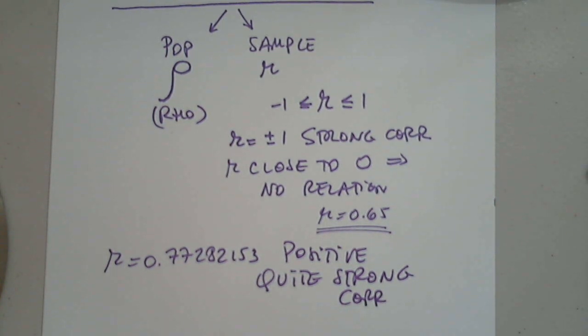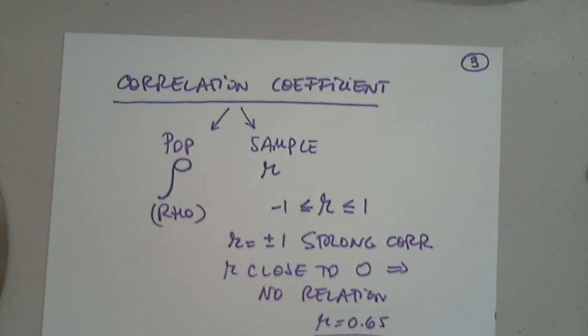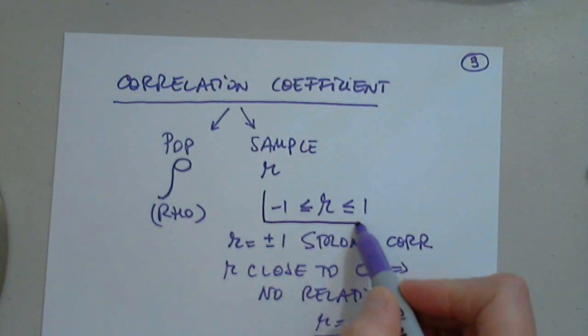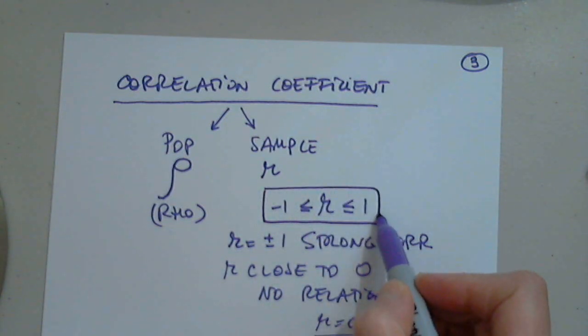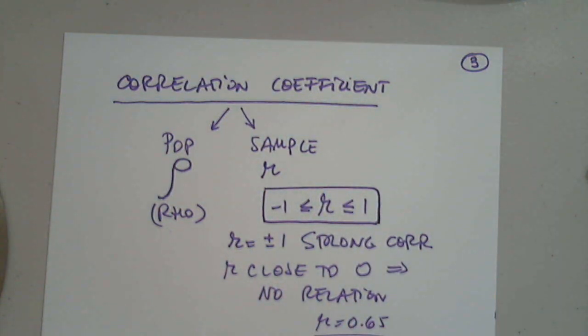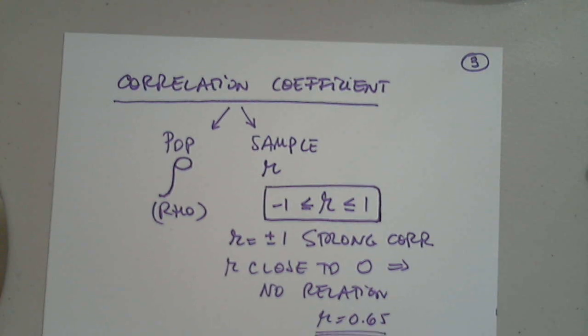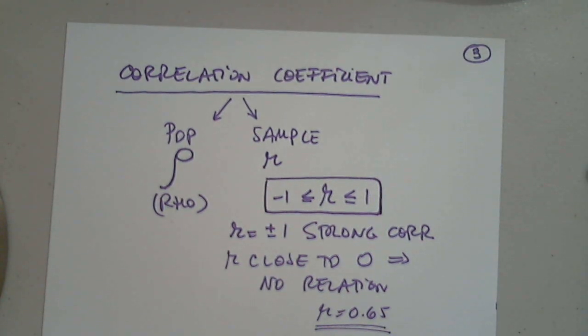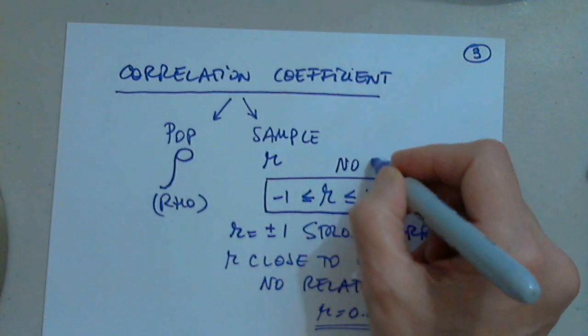So what if the correlation is like -2 or 2? Can it only be between -1 and 1? Absolutely. It has no measurement unit.